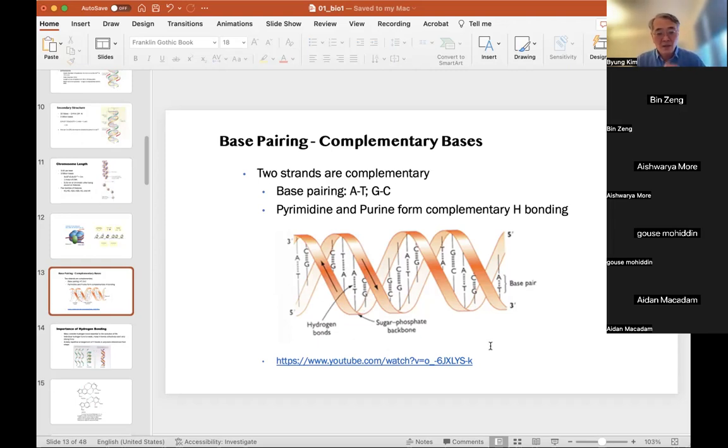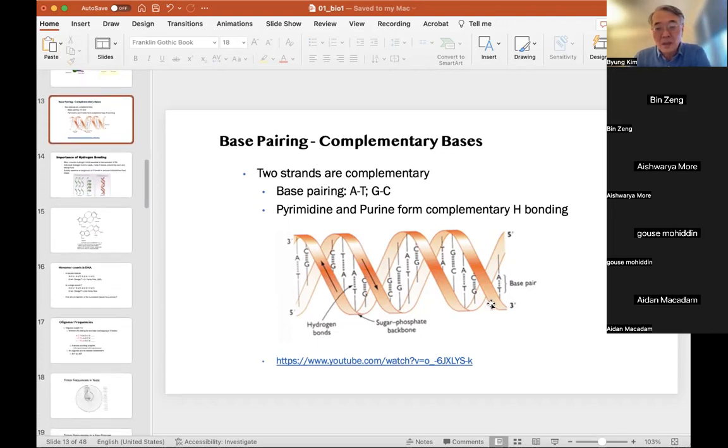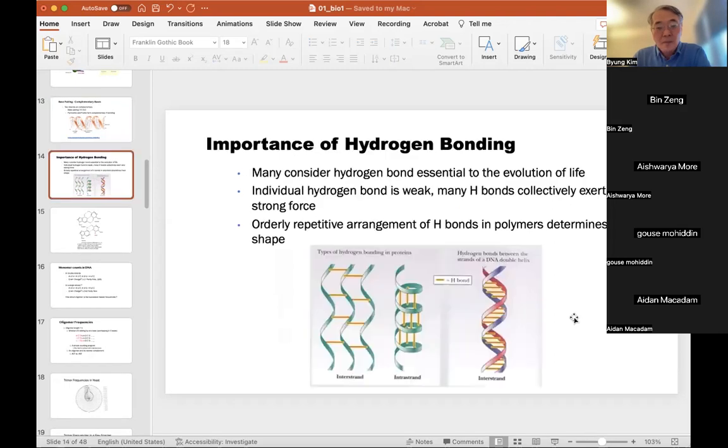You can take a look at the YouTube. So that's the property. And these bases, the nucleotides, are connected by hydrogen bonds.